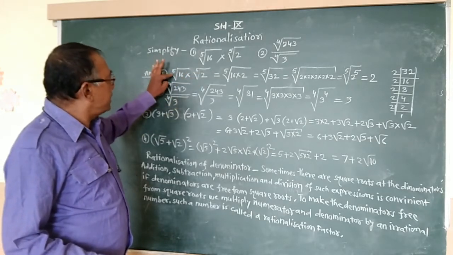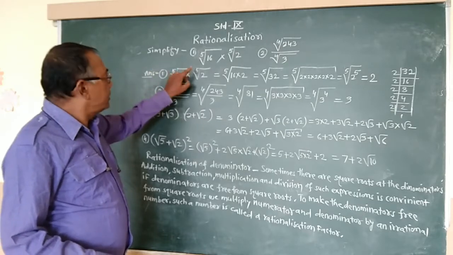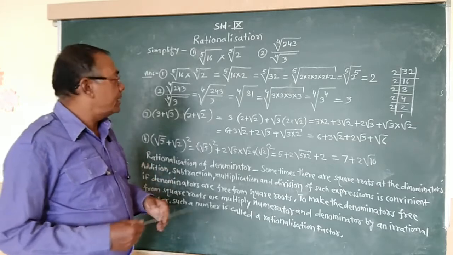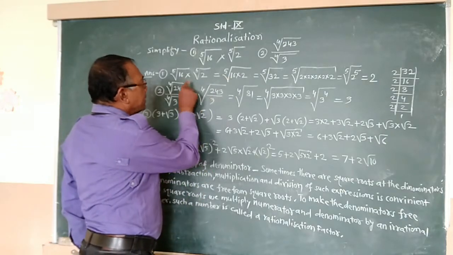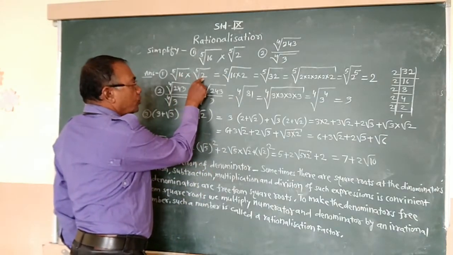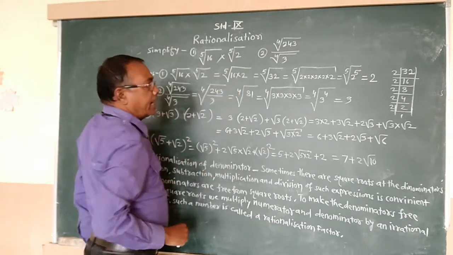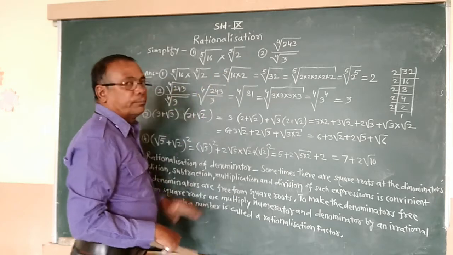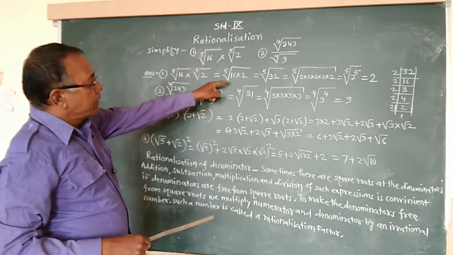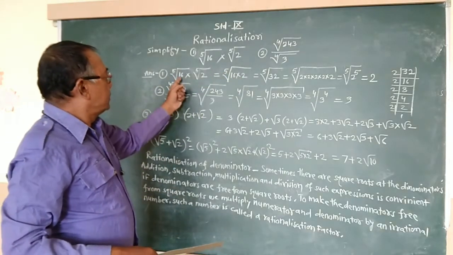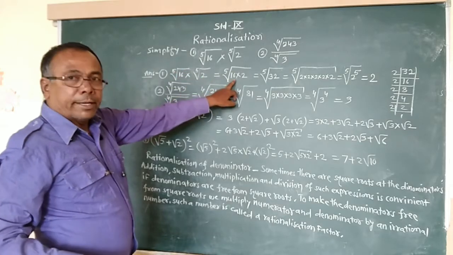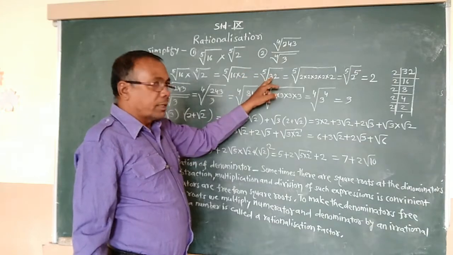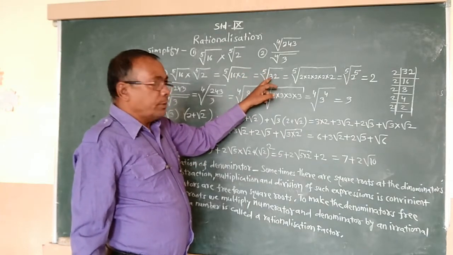It is seen that the order is 5 here and also 5 here. If the order is the same, then we can write the multiplication of 16 and 2 in one radical sign having order 5. So 16 and 2 are taken together, and now we can multiply 16 by 2 to get 32. So fifth root of 32.